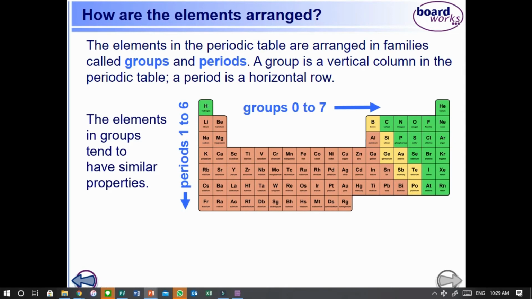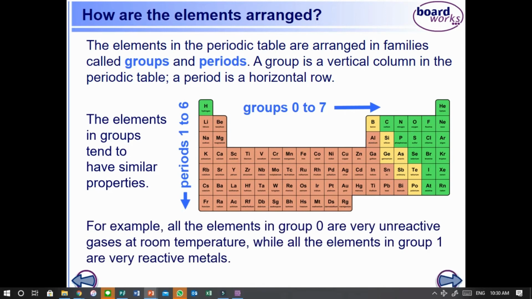Okay, that's confusing. Basically, each row, the elements have the same properties as the other elements. They have the same number of electrons.